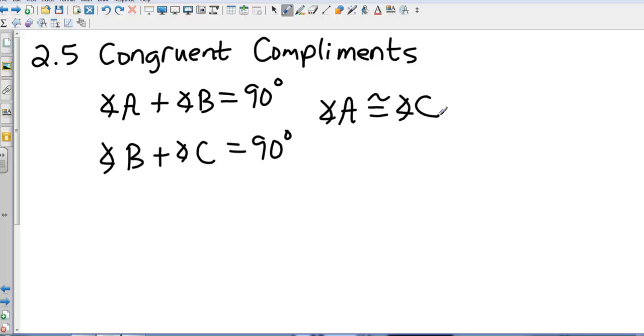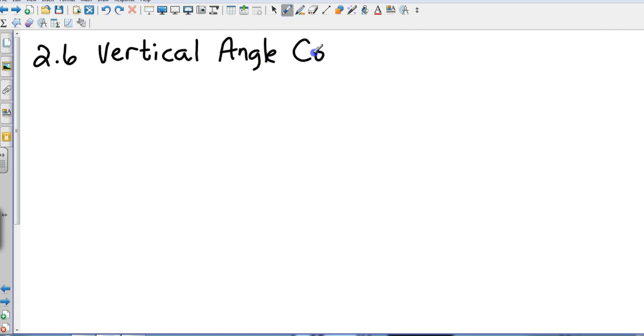So that leads us to the final one, and that's going to be 2.6. And 2.6 is the vertical angle congruence theorem. And the vertical angle congruence theorem just basically states that vertical angles are congruent.